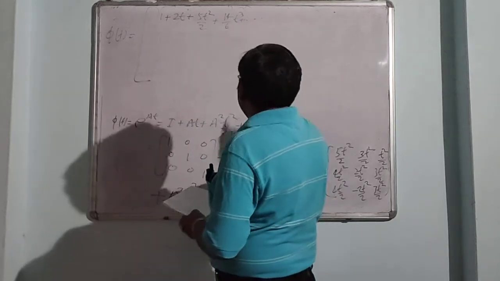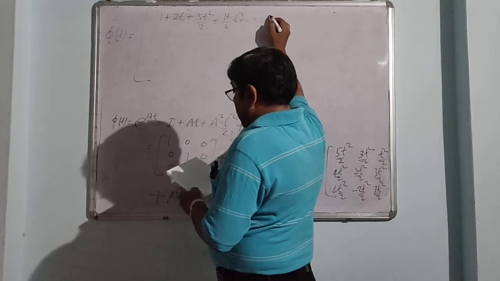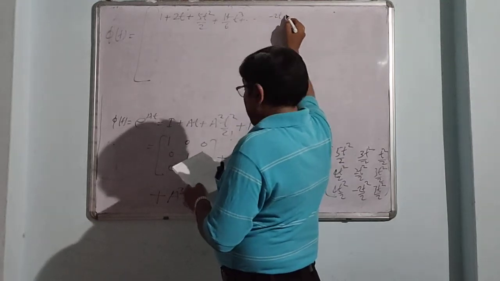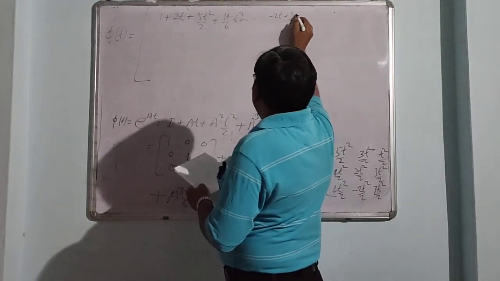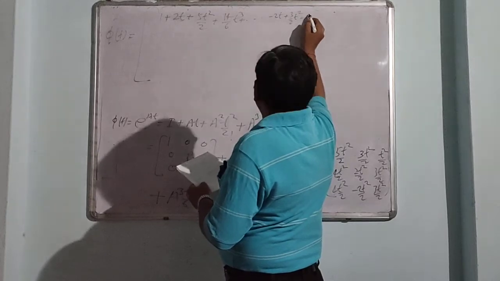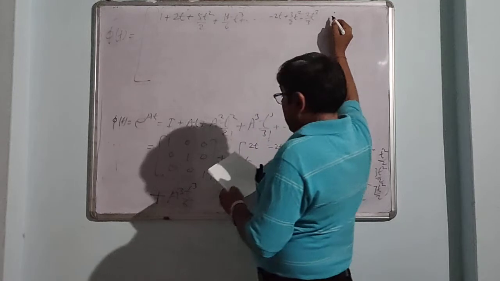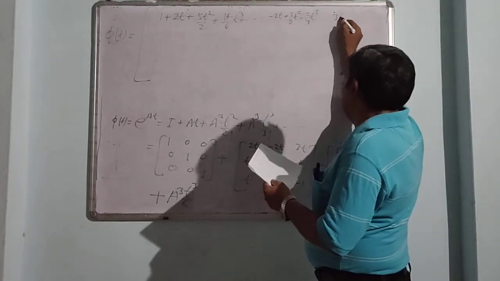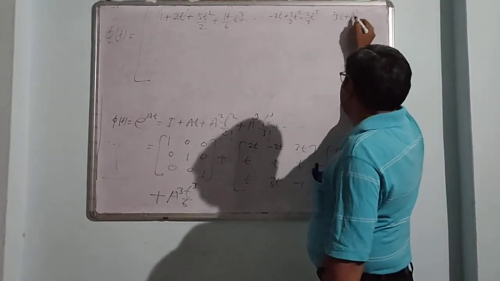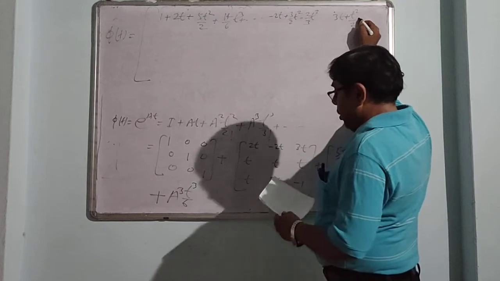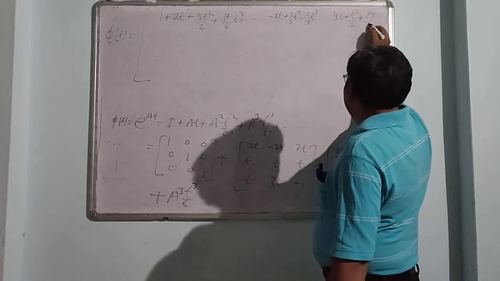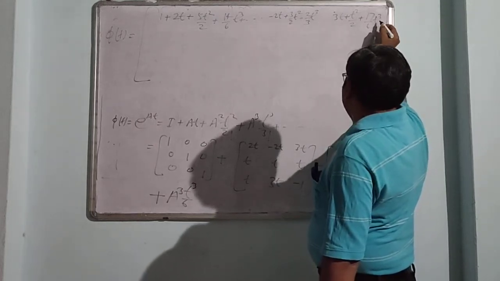So this is the first term. Here minus 2t plus 3 by 2 t square minus 2 by 3 t cube. Here third one is 3t plus t square by 2 plus 17 upon 6 t cube.